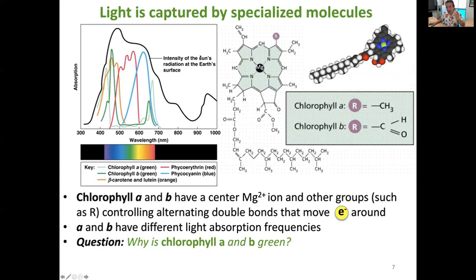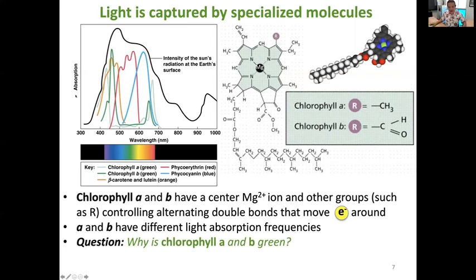So chlorophyll A and B, the one that we looked at, this big structure here, on this figure on the left, what it's looking at is, on the x-axis, you have the wavelengths of light, in this case going from 300 nanometers to 1000 nanometers.